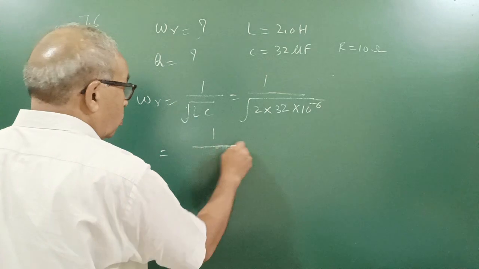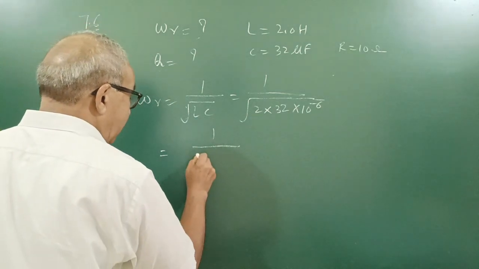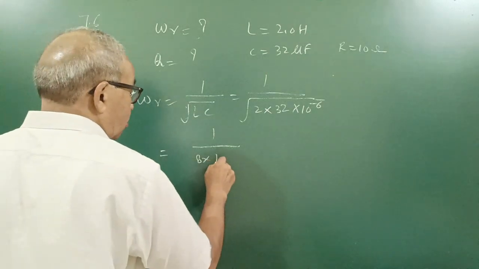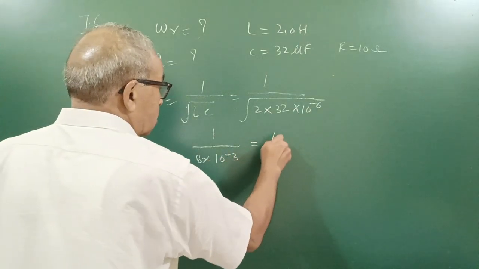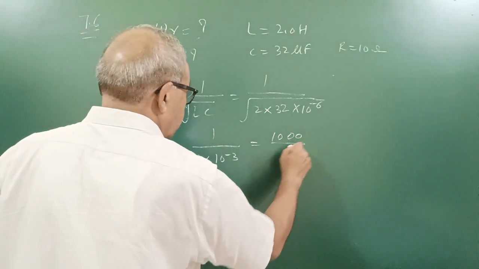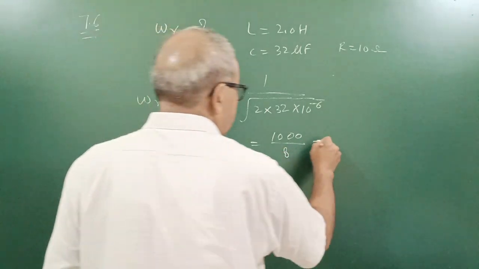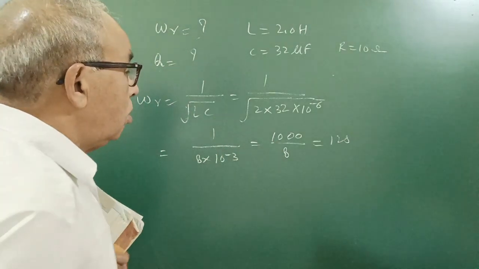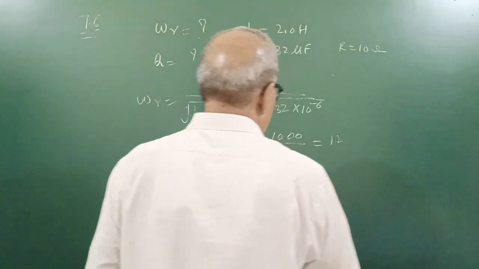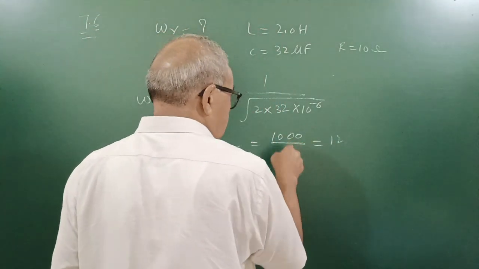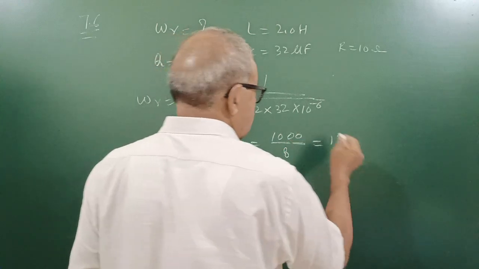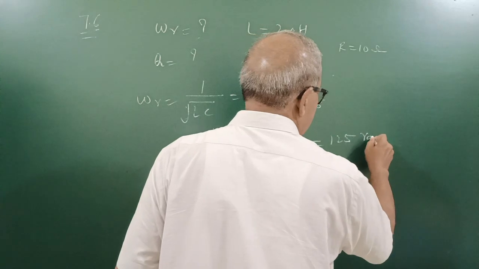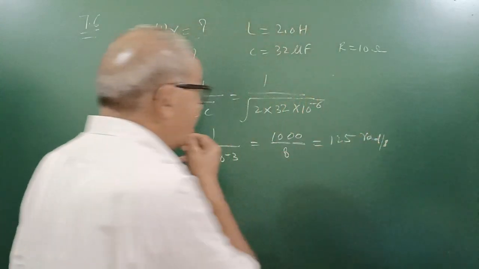So it is 1 upon root 64 into 10 to the power minus 6, which is 1000 upon 8, and it is 125. This radian per second is the angular frequency.